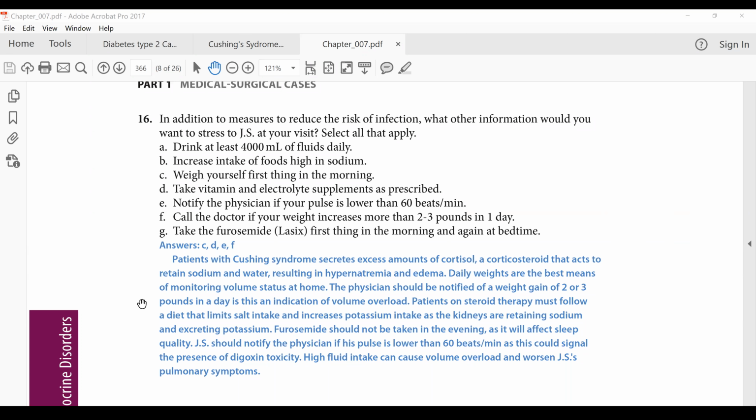So when do you get Addison's crisis? Infection, okay, low cortisol. Failing to take their meds, if they don't take their meds on time, or the dosing is not enough.